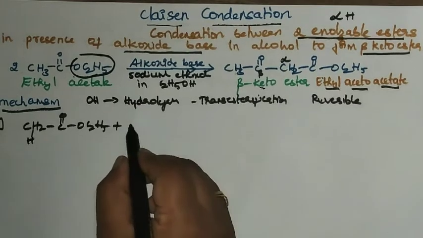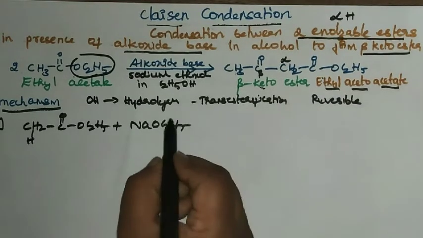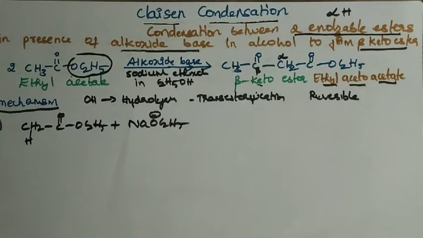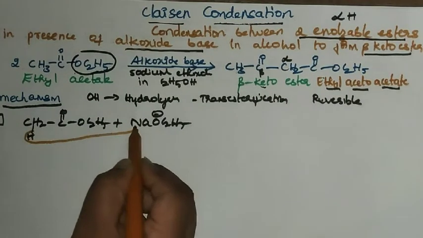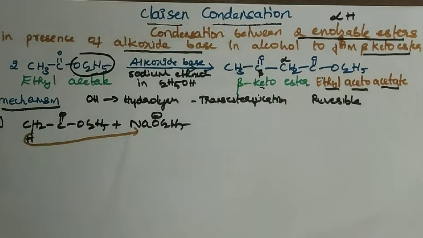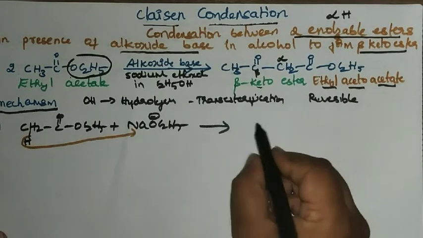In presence of sodium ethoxide, the ethoxide anion base will abstract the hydrogen. Which hydrogen? Alpha hydrogen.